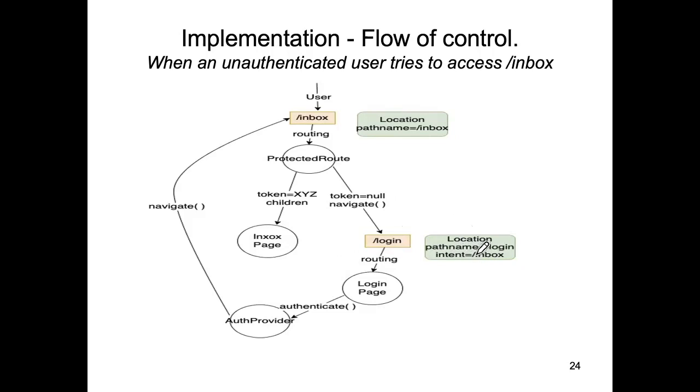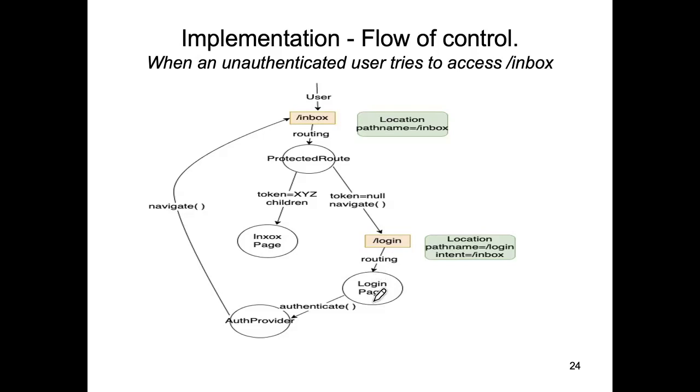And I've already explained what that additional data is to you. Continue on the flow. Because the browser's URL address has changed to /login, React Router consults its routing configuration, and this is a normal case. It just loads the login page because we have a normal route in our routing configuration for the /login case.